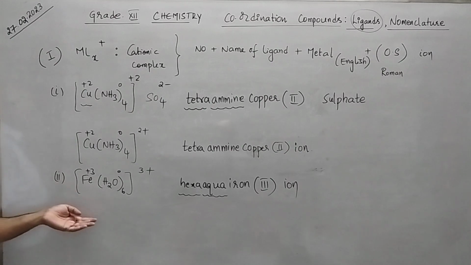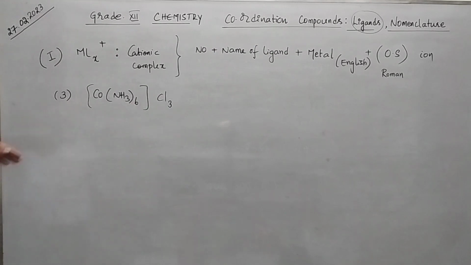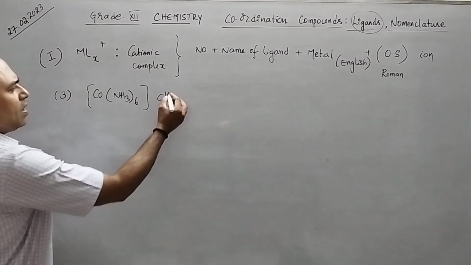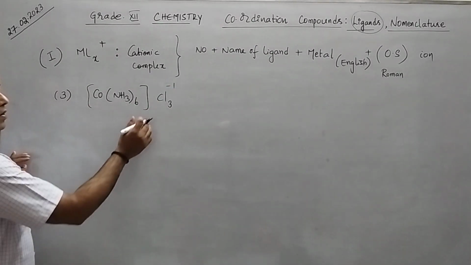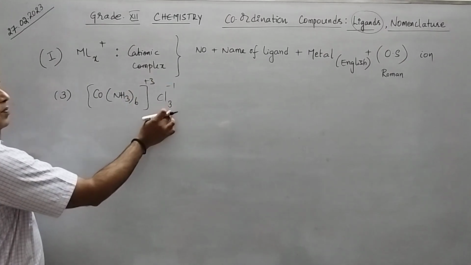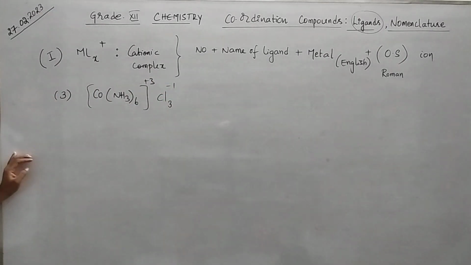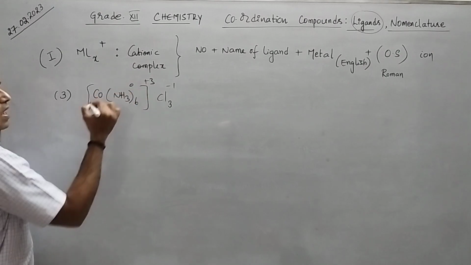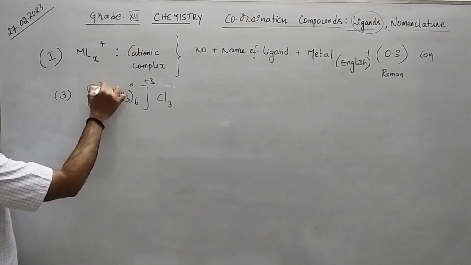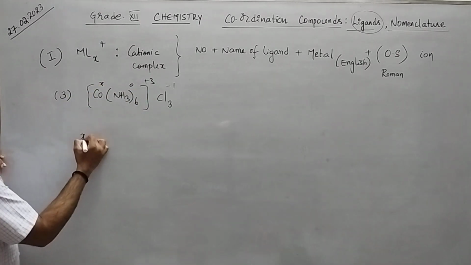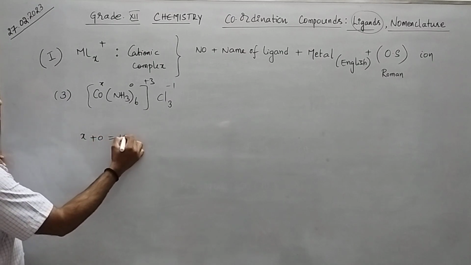Now let's move to the other examples. Now if you take the cationic complex here, Cl is minus 1. Therefore, we have minus 3. Here it will be plus 3. So for the cationic complex in which NH3 is neutral, this will be taken as X. We can calculate X plus 0 is equal to plus 3.